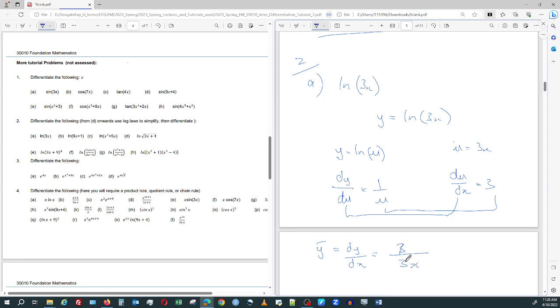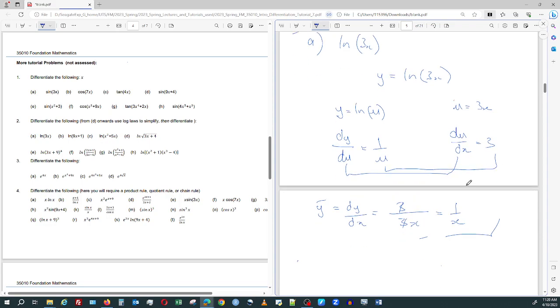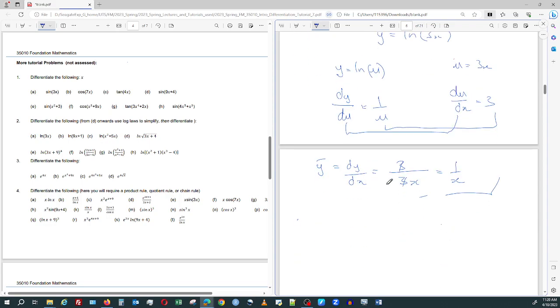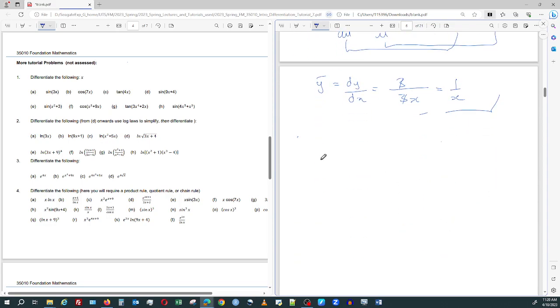They'll cancel, and so we'll get 1 over x. Bit unexpected, but nevertheless, that's the result. Okay, so just doing these, you're just laying out your scaffolding. Please don't use shortcuts. I believe that you'll be doing yourself a great disservice if you do that.